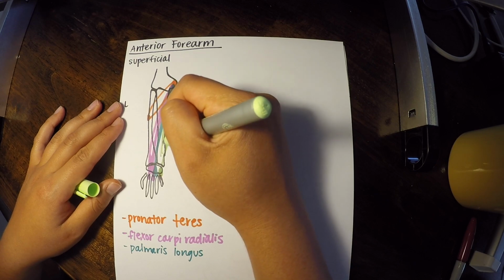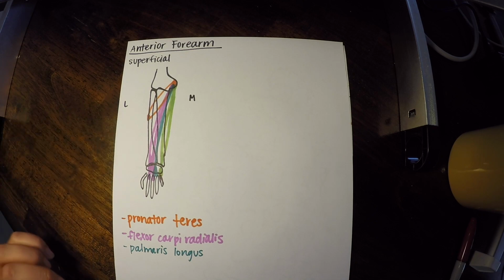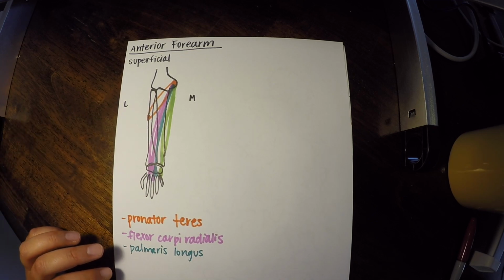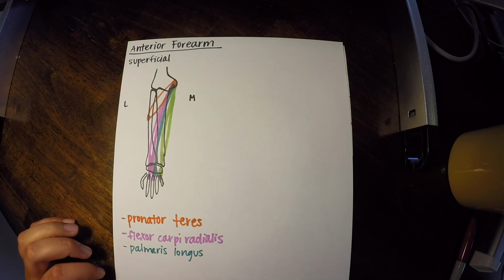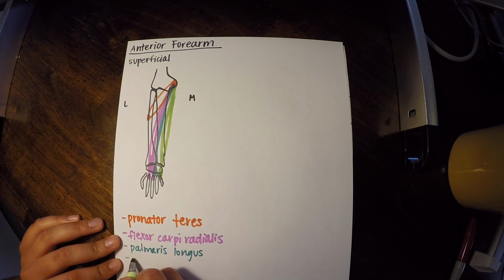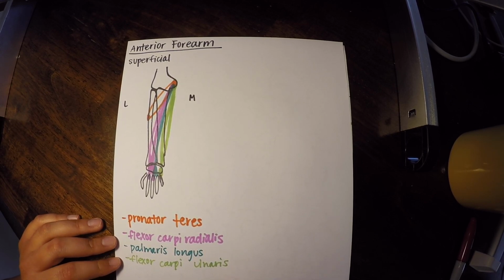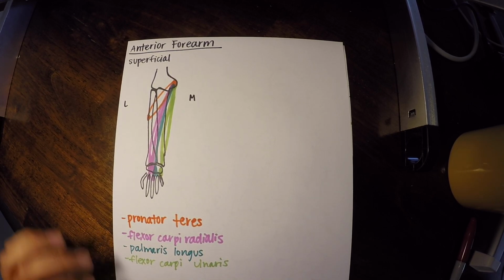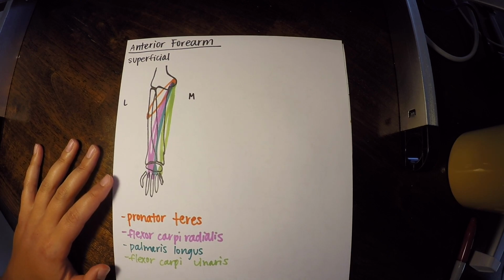And this is our last superficial forearm muscle. I forgot to say that Palmaris Longus is also innervated by the median nerve, and it plays a role in flexing the wrist. And Flexor Carpi Ulnaris is very similar to all of the rest of these, in that it does flex the wrist, but as the name suggests, it's innervated by the ulnar nerve, not the median nerve.